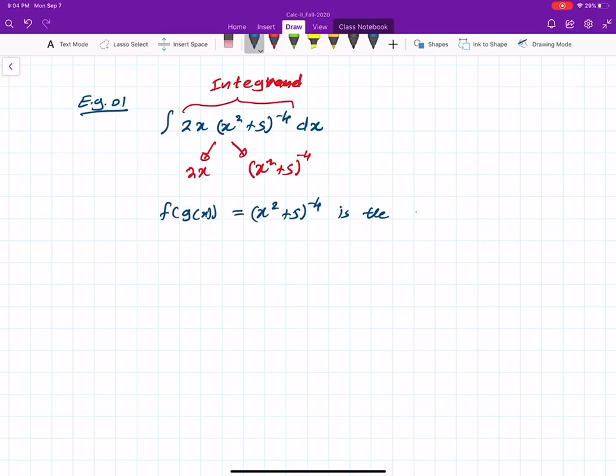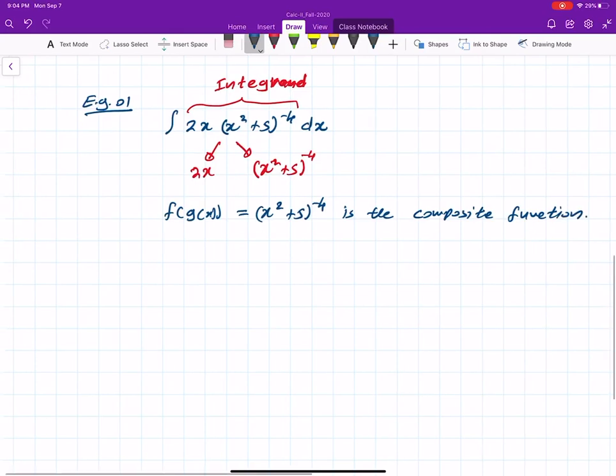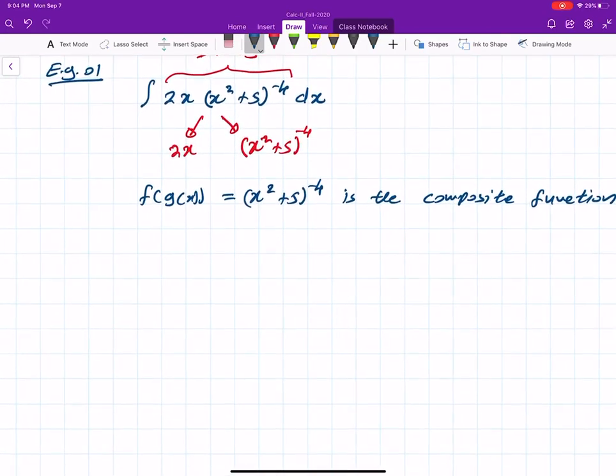Now you have to find out the function inside, which is g of x. Here the outer function is this big X to the power minus 4. The inner function is the big X, which is x square plus 5.